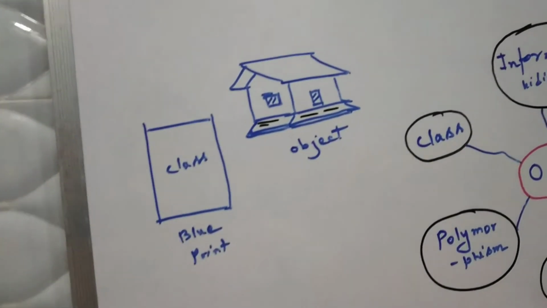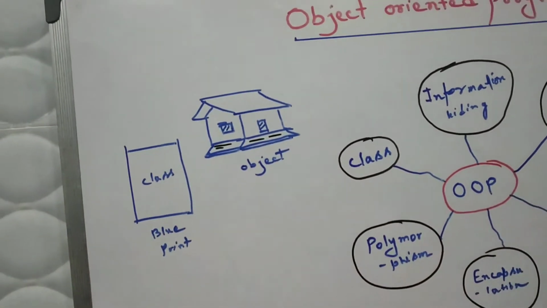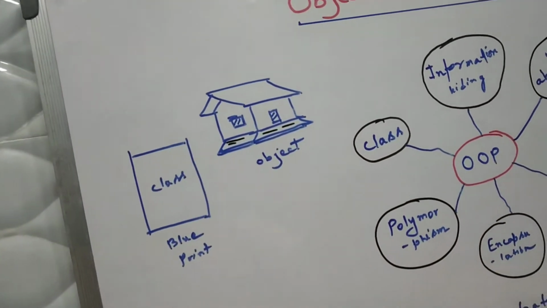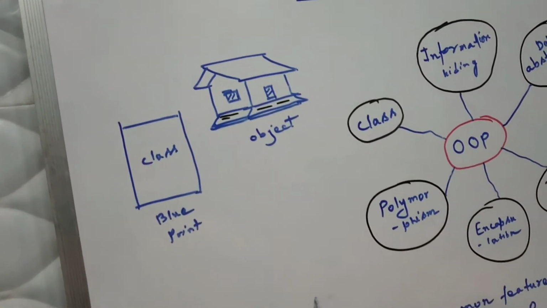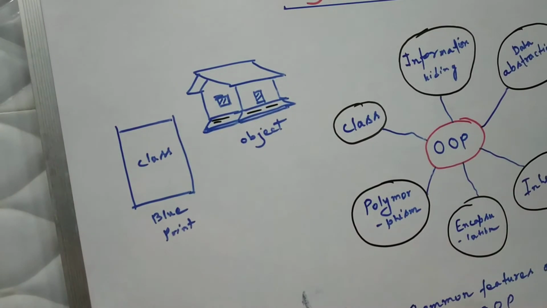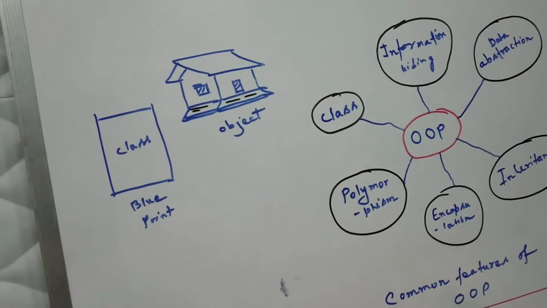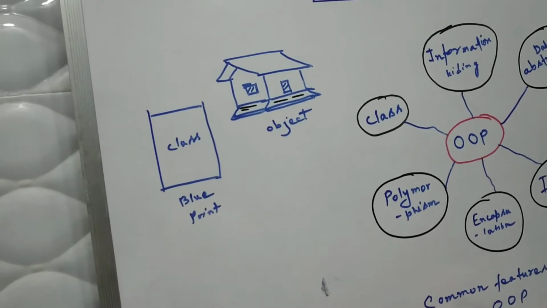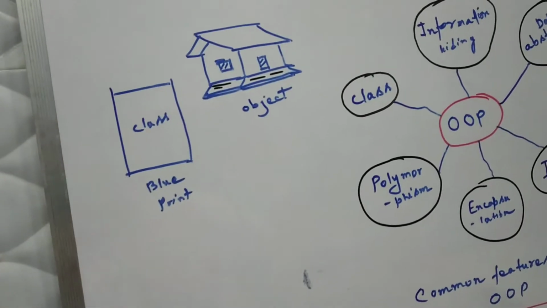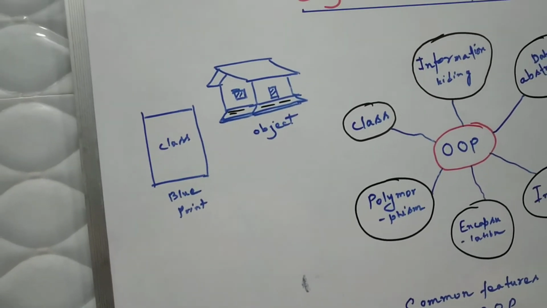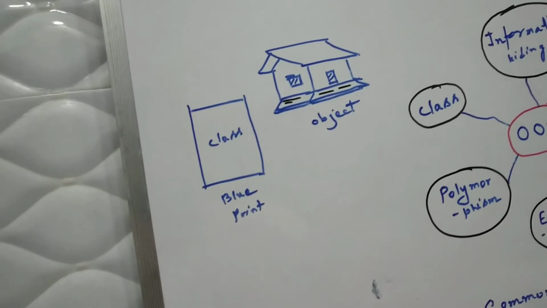This cottage has real existence, so this cottage will be known as an object in object oriented programming languages. But before we try to build any building or cottage, first we have to make some planning to build that building. So that planning or that kind of blueprint will be known as class.